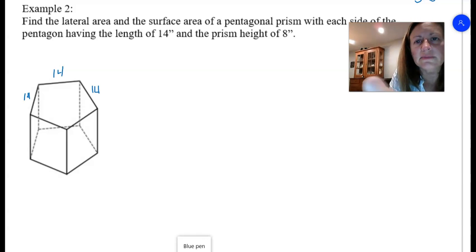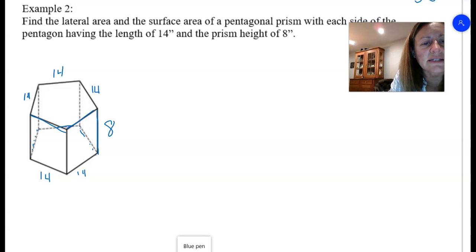It does say pentagonal prism, so I would assume it's a regular pentagon, so all of the sides are equal and all of the angles are equal. And then, these down here are also 14. The back here, this dotted line, that's 14, that's 14, this is 14, this is 14. All of those sides of the pentagon are 14, but the height, the distance between the bases, is 8. Okay?